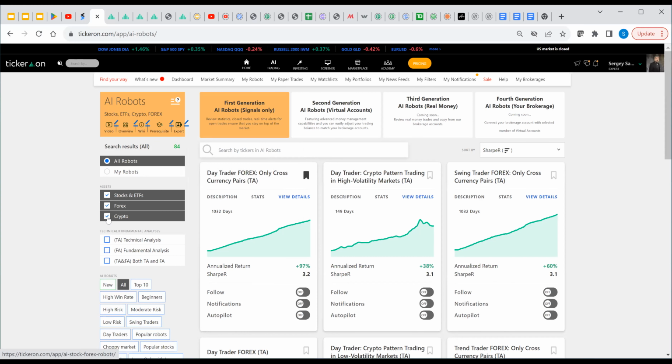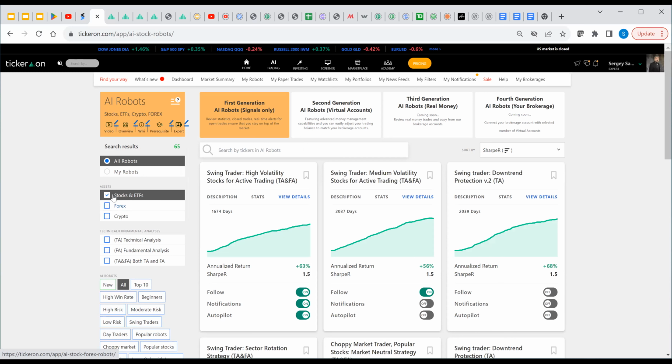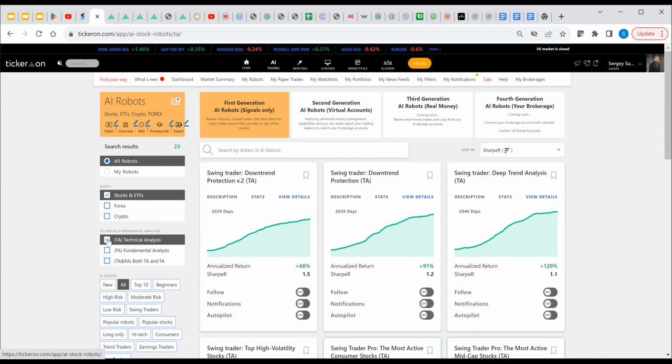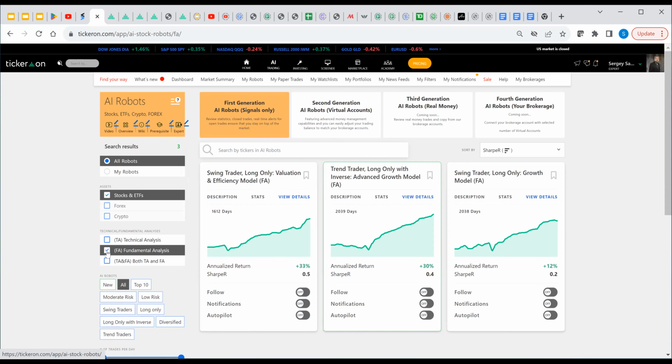Now, let's focus on stocks, okay? And now I have all robots which are stocks and ETFs, okay? What else do I have? I have these robots with TA, built on the methodology of only technical analysis. This one is based only on fundamental analysis.